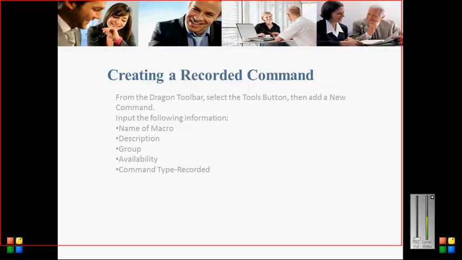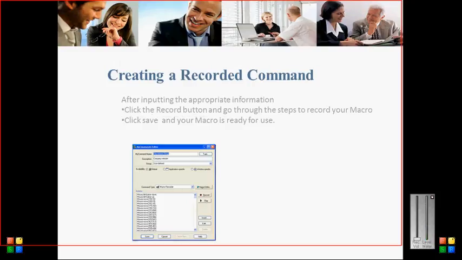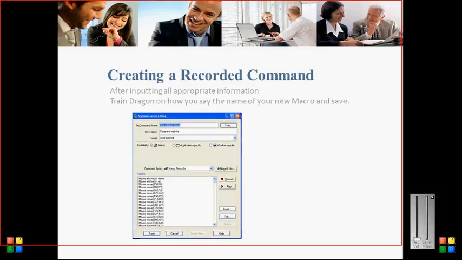Basically, it's going to ask us to input the same information as what we have earlier. It's going to be the same exact group, and what we'll just have to do is choose the command type macro recorder from there. Now, the difference is once we have inputted all of the appropriate information, we are going to press record.